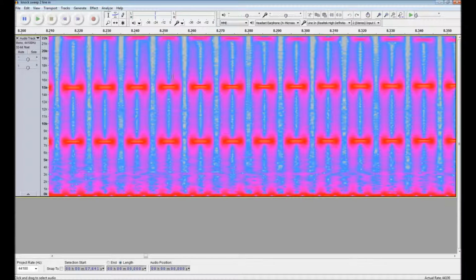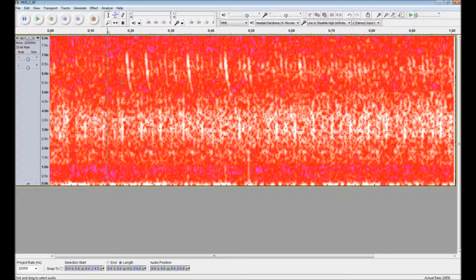It's nowhere near the intensity of the real knock. It's at minus 24 decibels, and a real knock is at 0 decibels. 0 decibels is the recorded level without gain, and it's a very, very high level.